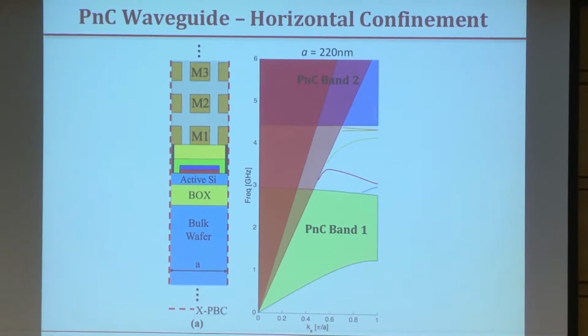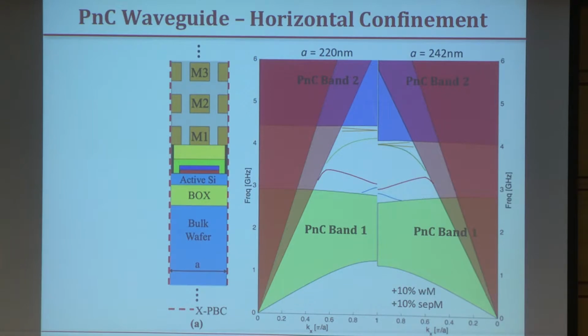So here is my one design of a waveguide, and now you can see I included the polysilicon gate and all the contacts and everything. What if I took the same structure but made a bigger period? Say, increase the period by 10%. And as I expected, all the frequencies just scale down.